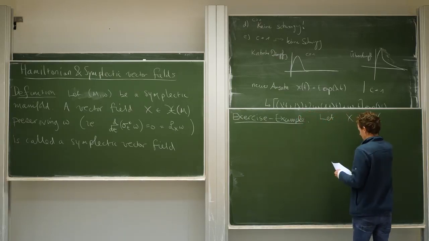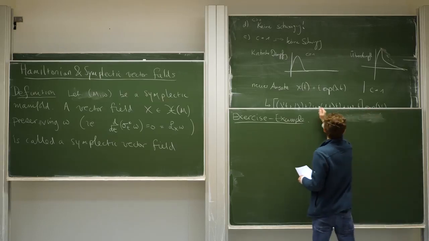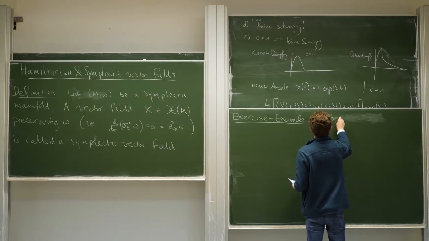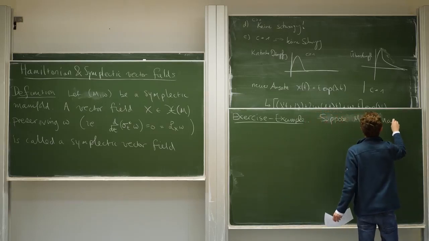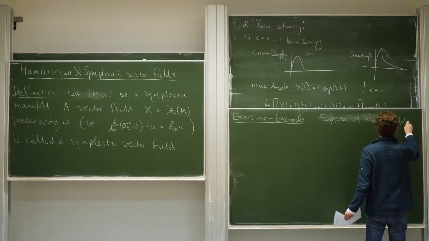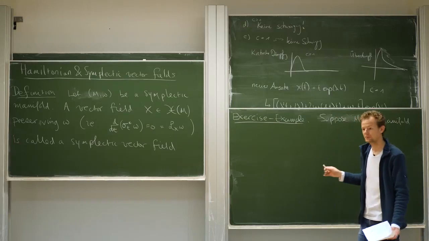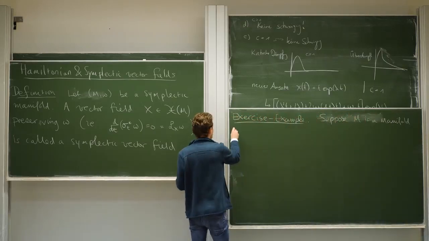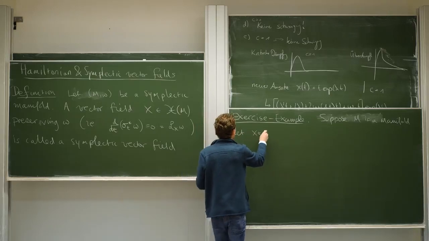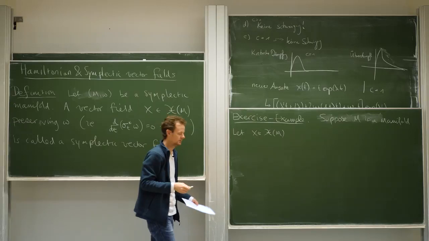So we suppose that M is just a manifold. So we're not going to assume that M is symplectic at this point. M is just an arbitrary manifold. And let X be a vector field on this manifold.